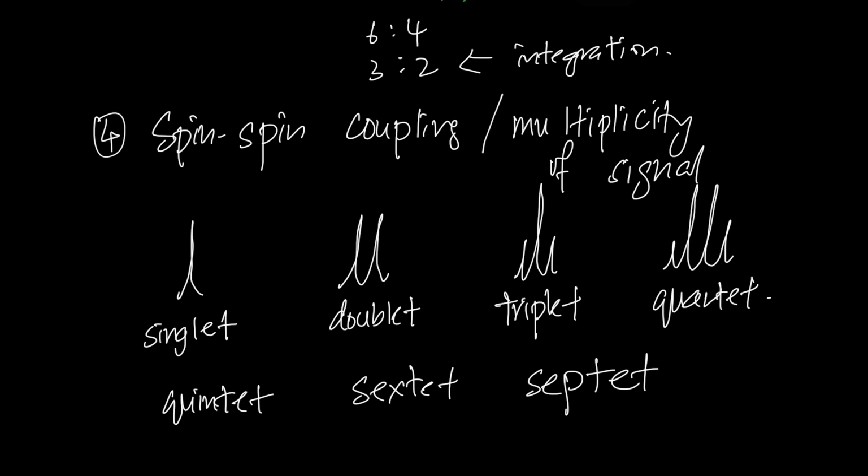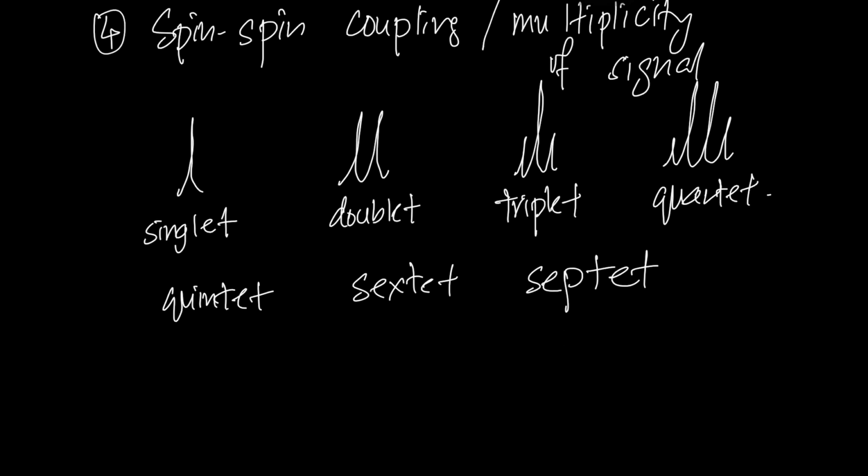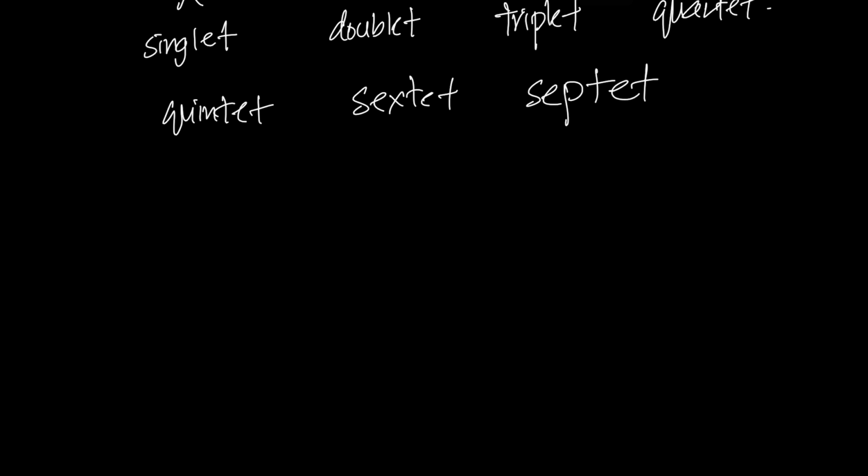So this multiplicity of the signals is also very, very important for us to solve the structure of the compound. The multiplicity or spin-spin coupling of the signal depends on this n plus 1 rule. Now remember, we are focusing on Proton NMR.